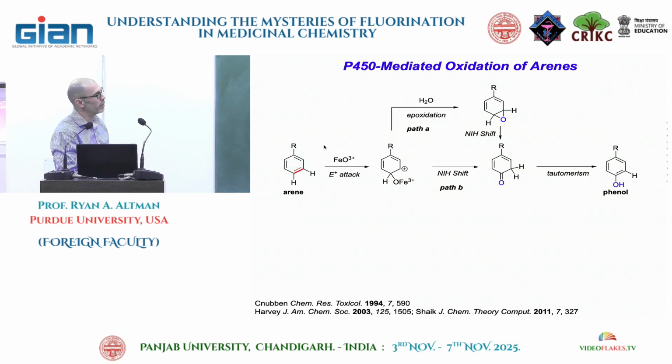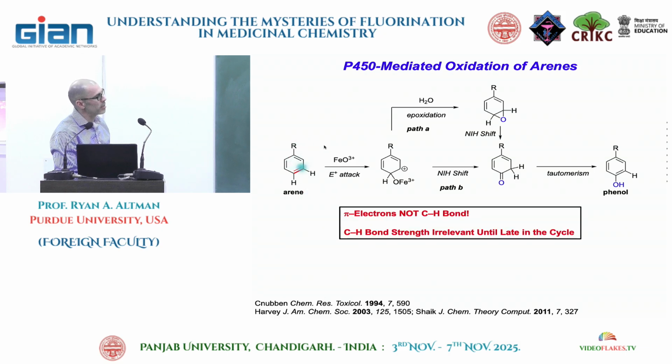Substituents on the ring that increase pi density might accelerate this process. Substituents on the ring that decrease pi density might decrease the rate of this process. But CH bond strength is not the key driver here. You don't do anything with CH bonds until you get to later steps in the process.